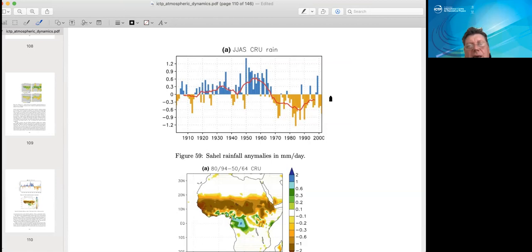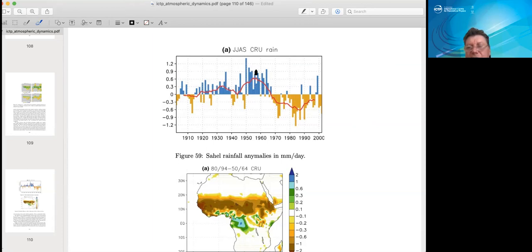But what you can see here is something that has motivated many researchers to try to investigate this very interesting but also very problematic curve, because there were very wet conditions, for example, in the 1950s and 1960s in that region.